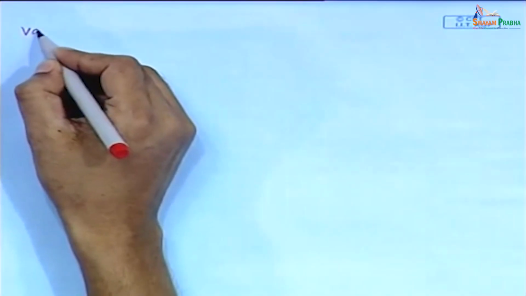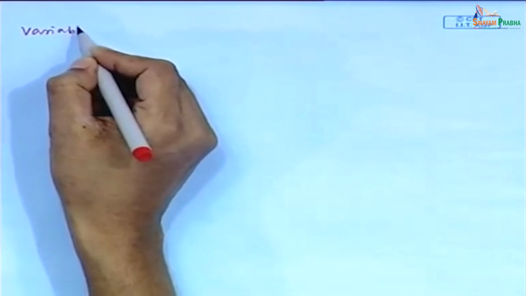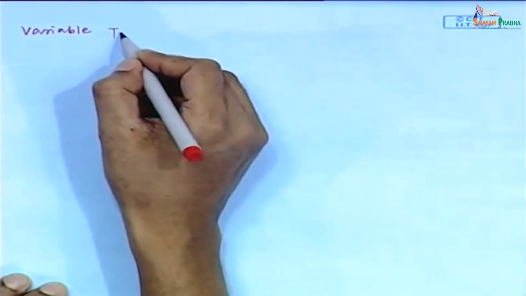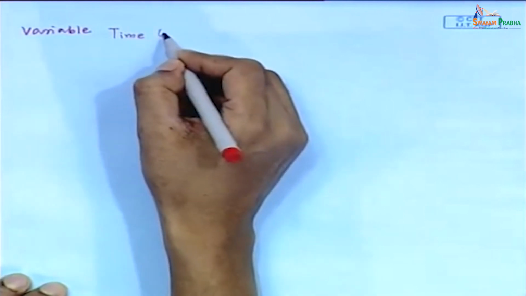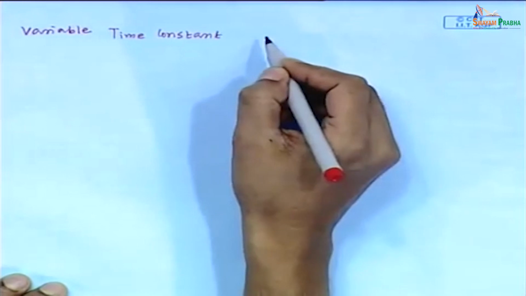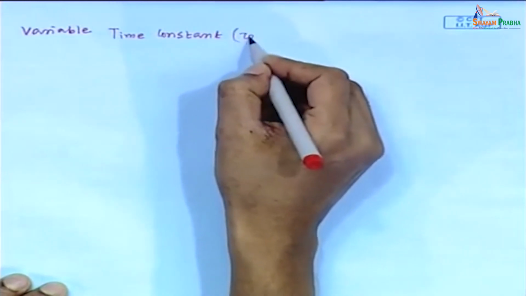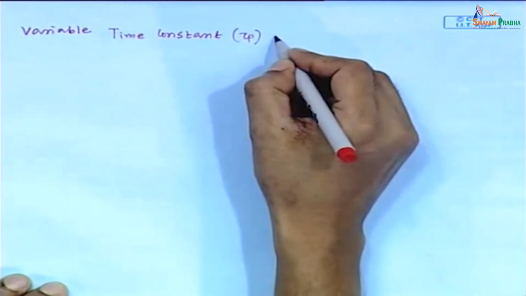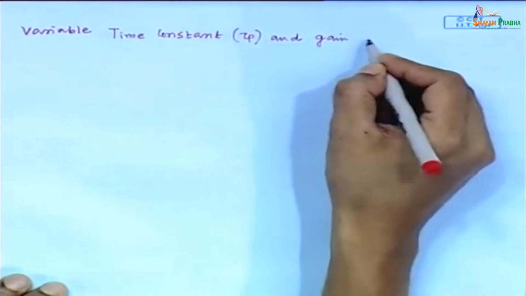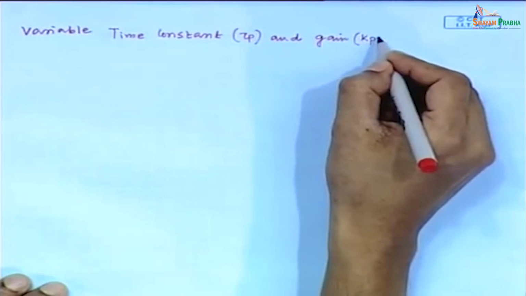Fine. Our next topic is variable time constant, tau p, and gain, Kp.